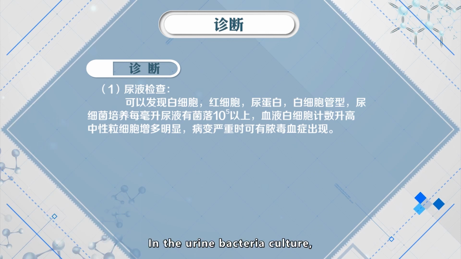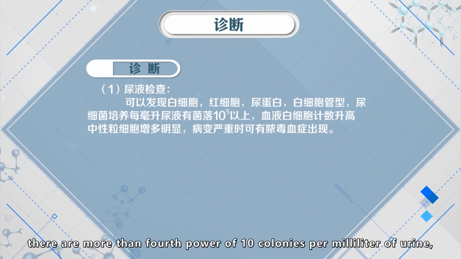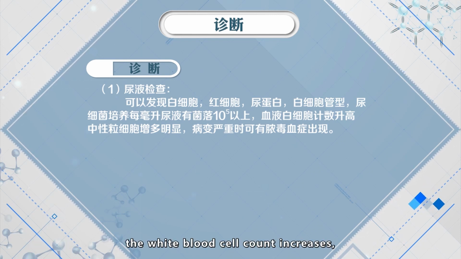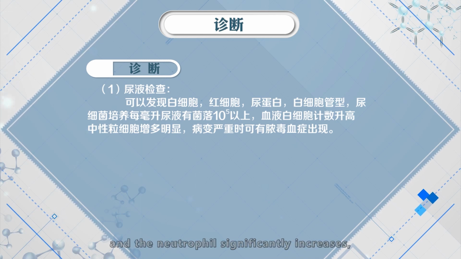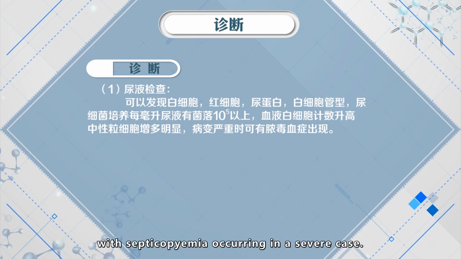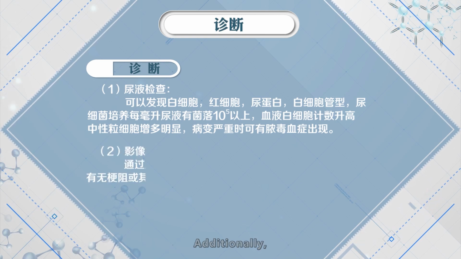In the urine bacteria culture, there are more than 10 to the power of 4 colonies per milliliter of urine. The white blood cell count increases and the neutrophils significantly increase, with septicopyemia occurring in severe cases.